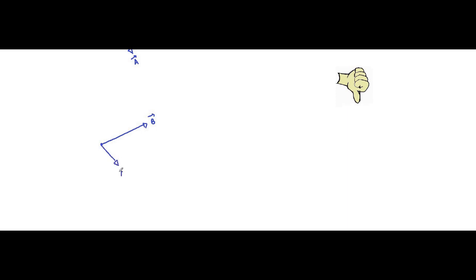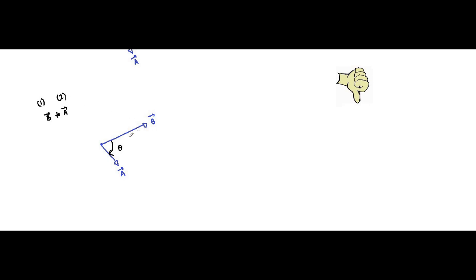But right now the direction of the angle theta is like this, from B vector to A vector. So here B vector is the first vector, A vector is the second vector.